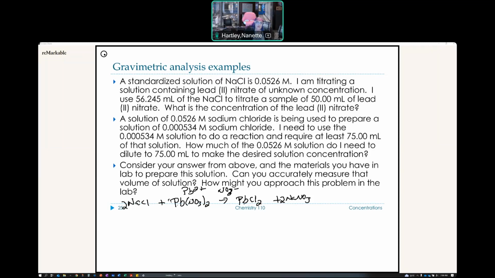Okay. I know that my NaCl solution is 0.0526 molar. I don't know the concentration of this one, so I don't want that.